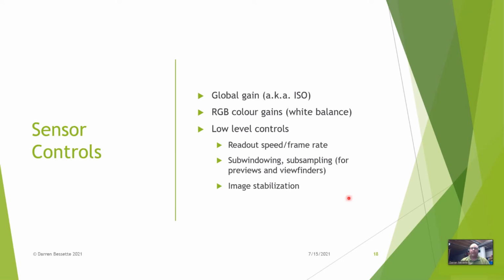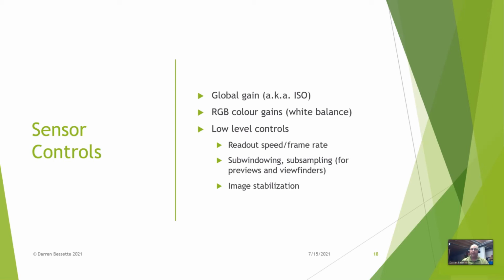The other thing it does is allow you to control the actual area of the sensor that's being viewed, and oftentimes this is to accommodate the viewfinders. When you're looking through your viewfinder, you're not looking at the entire array of the sensor, every single pixel. You're looking at a subset of those pixels.